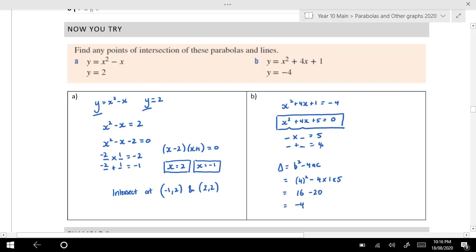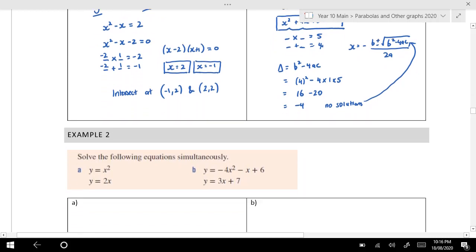So that means that there are no solutions. If I was to do the quadratic formula and wanted to take the square root of b squared minus 4ac, as you can see, we can't get the square root of a negative number. So that's why, if that value is less than 0, there are no solutions.